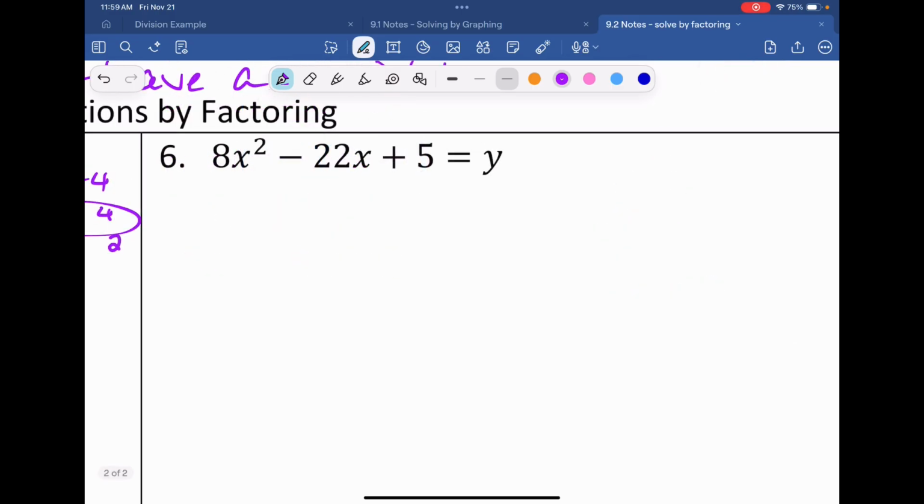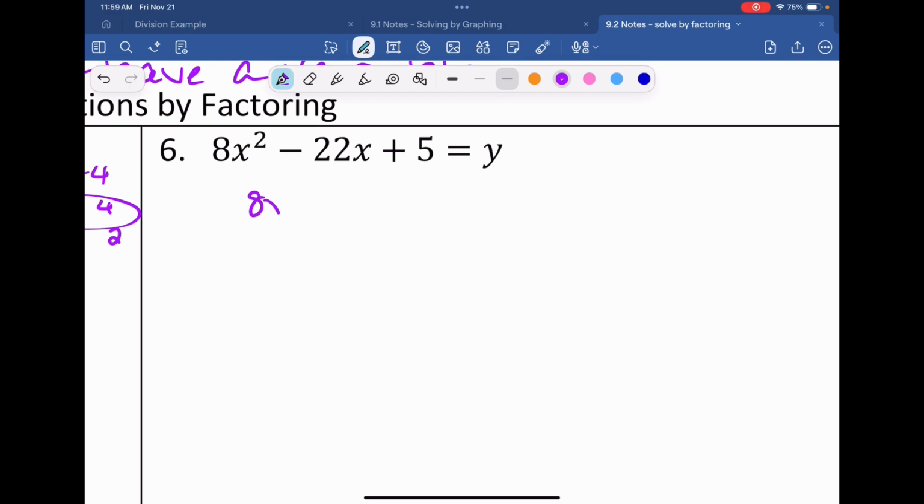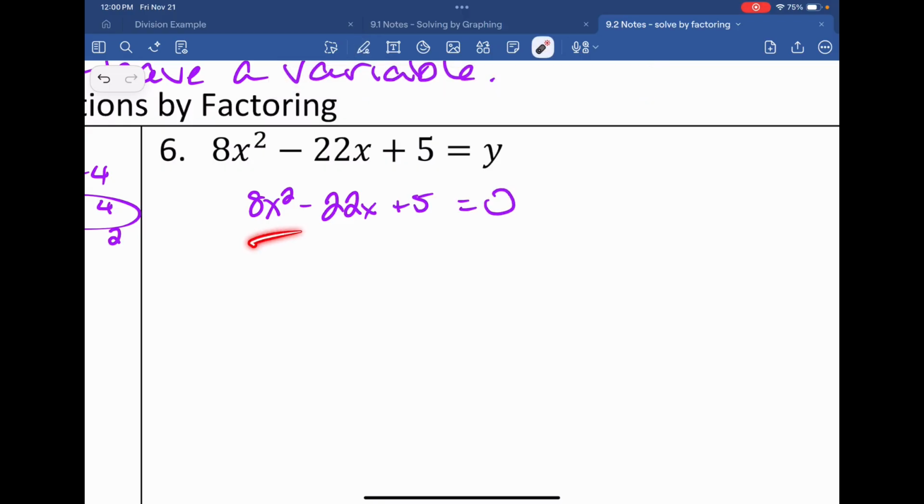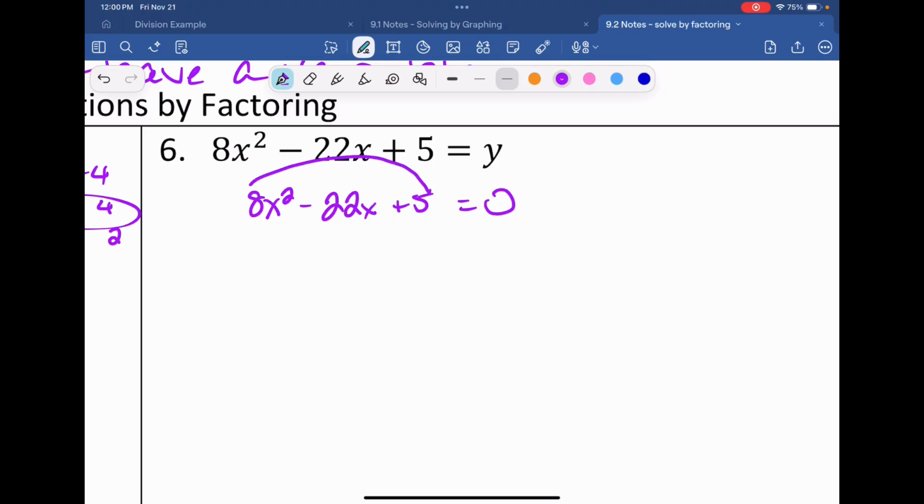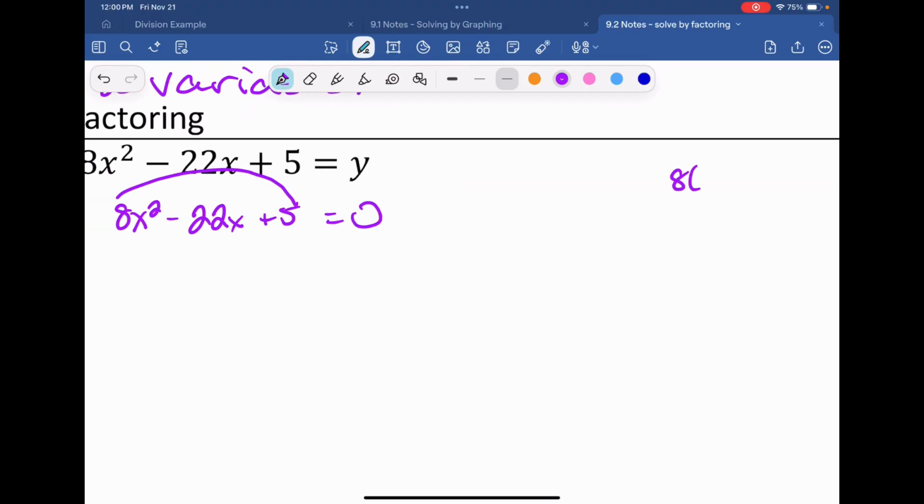Okay, equals y, so we need it to equal 0. We'll put the 8 by the 5. Factor pairs of 40.